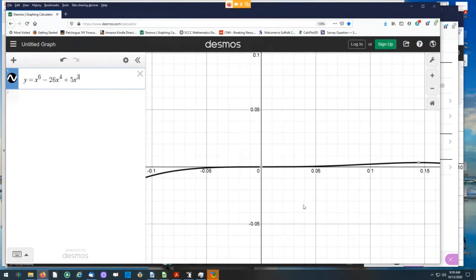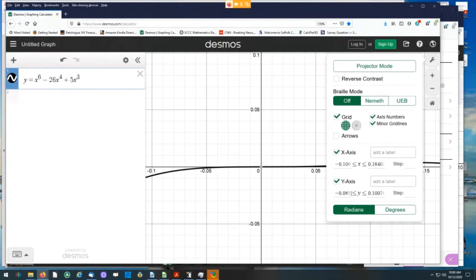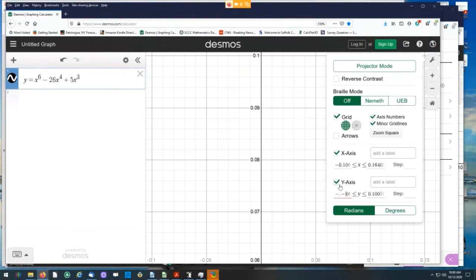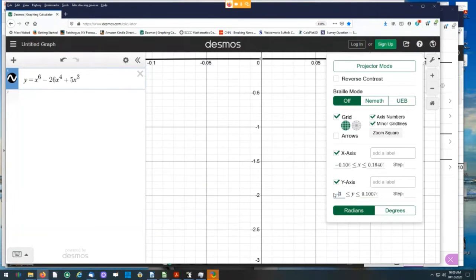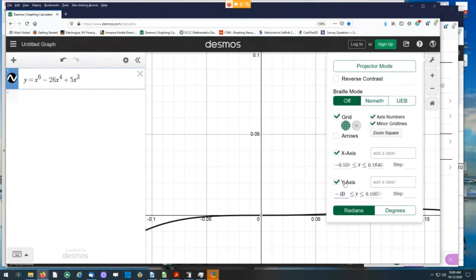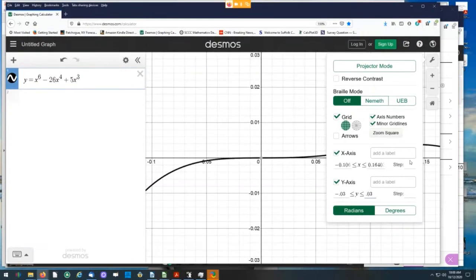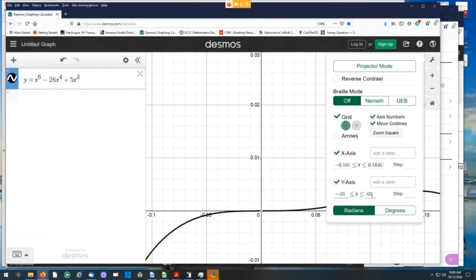I'm going to do this zooming in a little bit differently with my tools. So I'm going to let the y-axis go from... I mean, zoom it in some more so you can see what's happening.